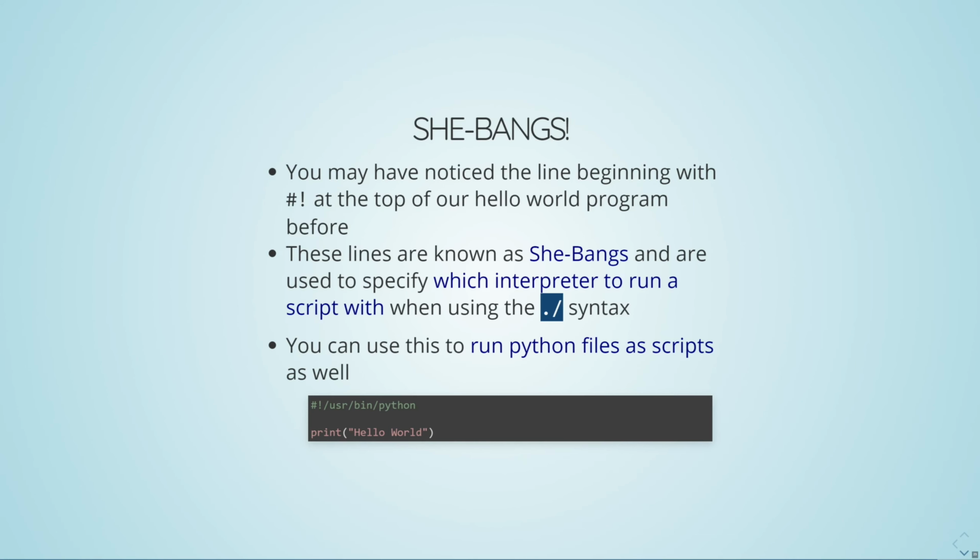Now, an interesting thing you could do is you could also run other things that use an interpreter this way, like Python. So if some of you are familiar with the Python programming language, I could have also made a little script that put this at the top, and you actually have to specify the path to the Python interpreter on your operating system for this to work properly.